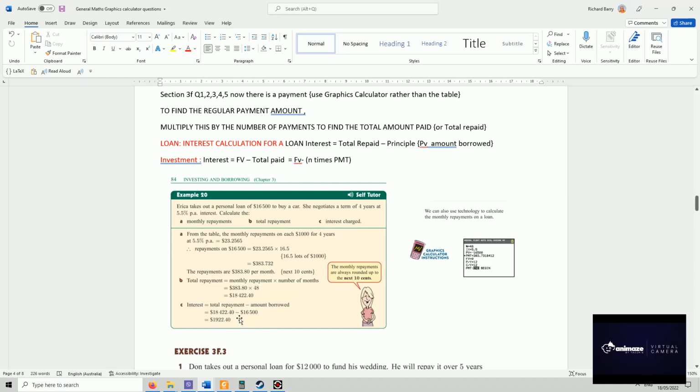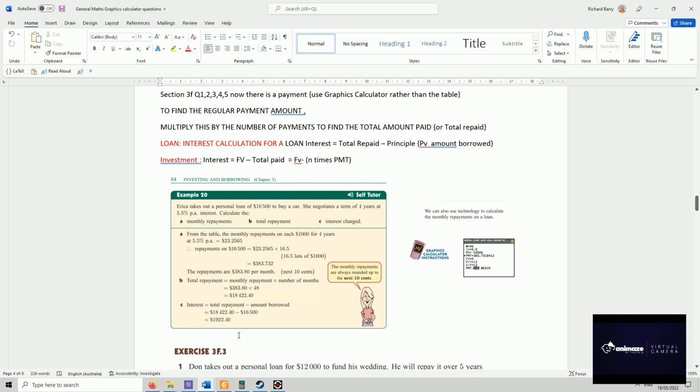So this is a loan, so the total paid, take out the starting value or principal, PV, 16,500, and that will get the total of interest. So that's the money I borrowed, and this extra $1,922 is how much extra it cost me to buy that car and use it 4 years earlier.